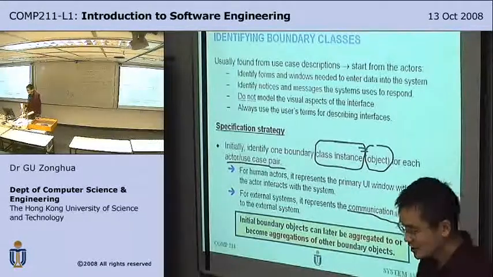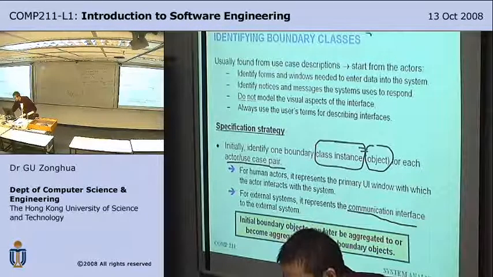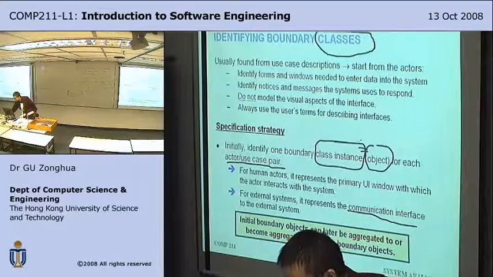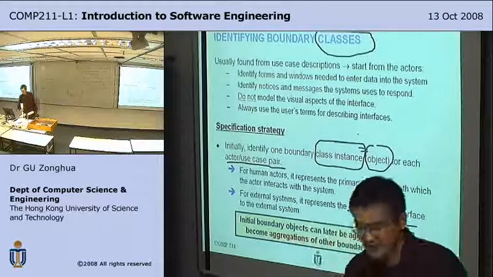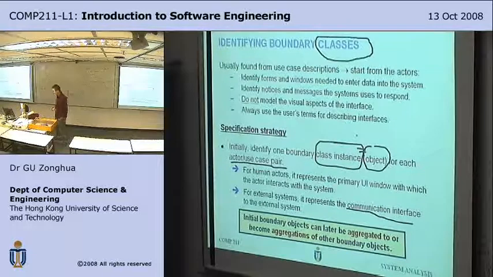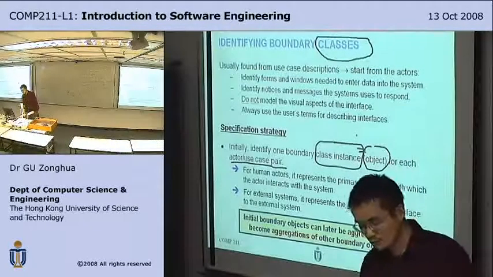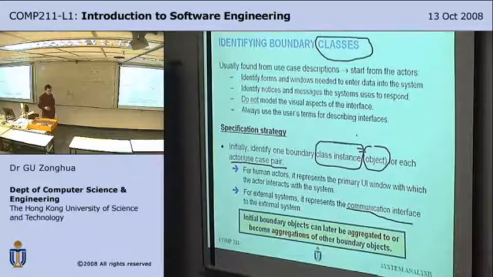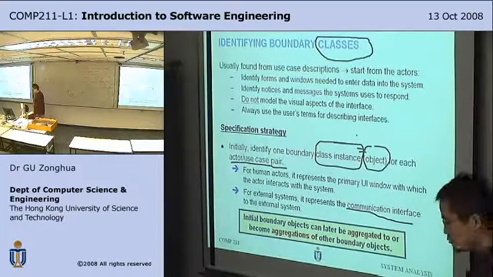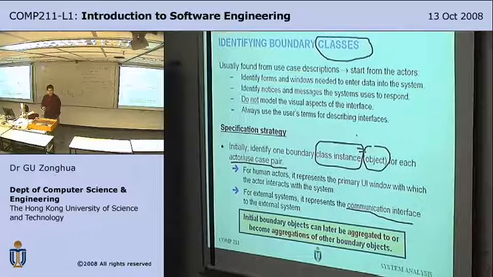Notice here we're saying identifying boundary classes, but we're really talking about class instances, that is objects. We don't make a huge distinction here because we care about the instance level at this stage. We draw the class diagram, but what we care about is actually the objects that are instantiated at runtime, because you are designing the runtime stuff.